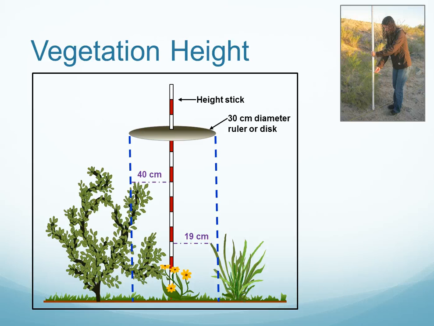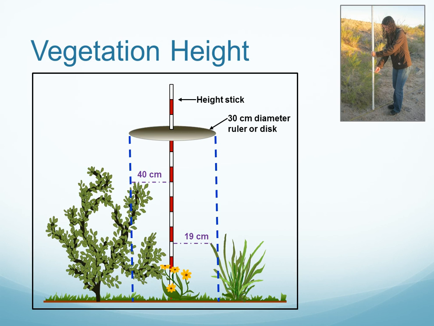And so for woody plants, we measure the maximum height of woody plant material where it occurs inside this imaginary cylinder, and so that would be at 40 centimeters. Note that even though the plant has some parts that are taller than 40 centimeters outside of the cylinder, we only measure the part that occurs within the cylinder.